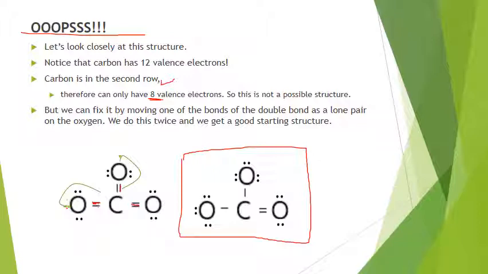Now let's see if this has more than one structure. Water, for instance, only has one structure. You can't draw it any other way, so there's not going to be any moving of electrons. But sulfur dioxide, we saw that we could move electrons.